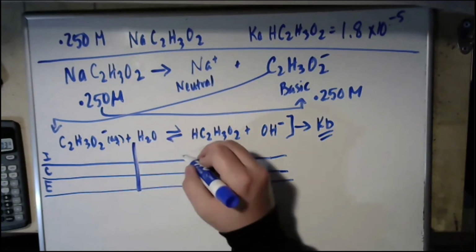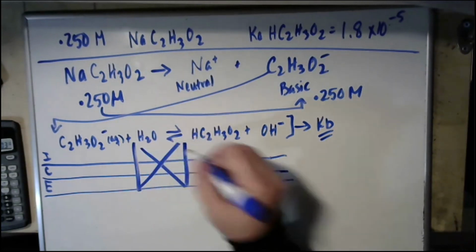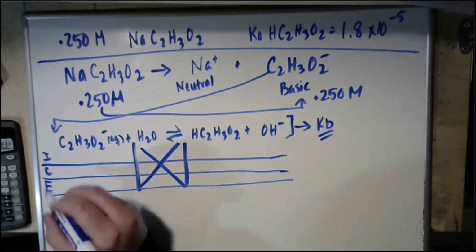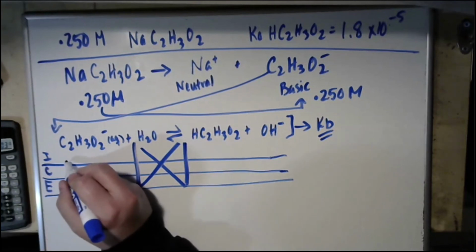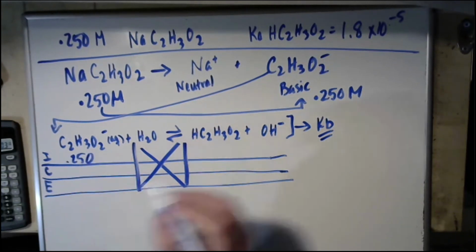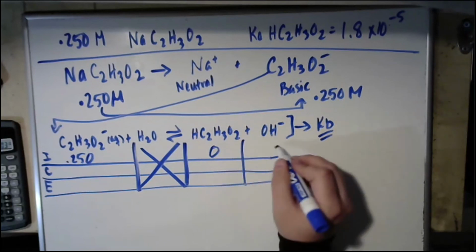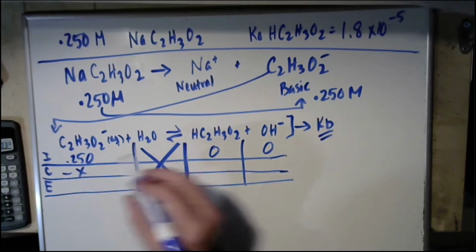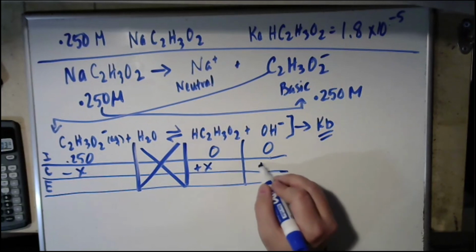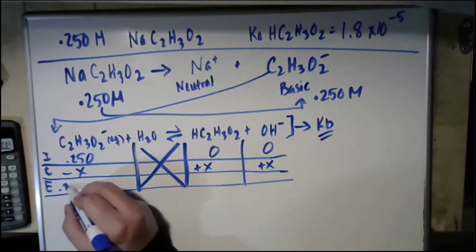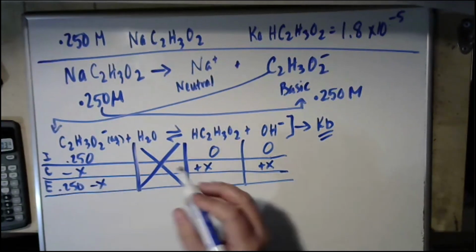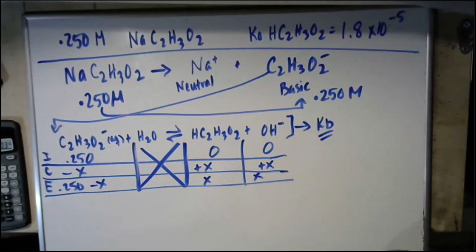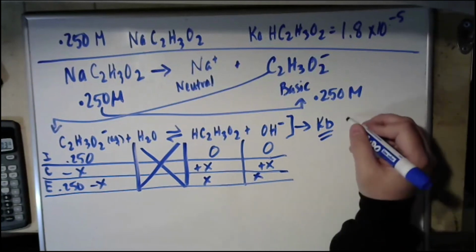All right, set up our little ICE table to keep track of everything. We have an initial concentration of 0.250, minus x, plus x, plus x. Let's find our Kb.